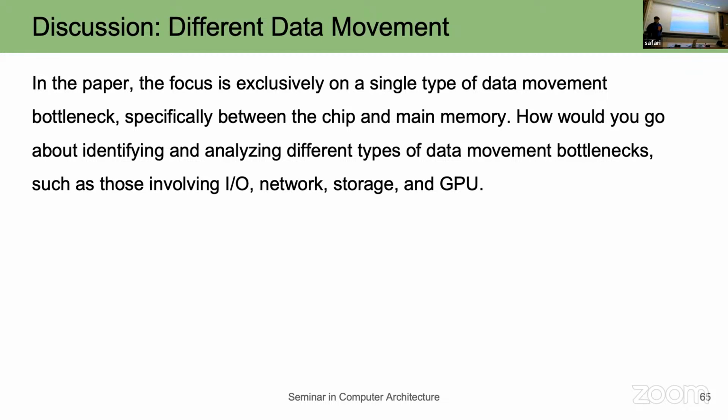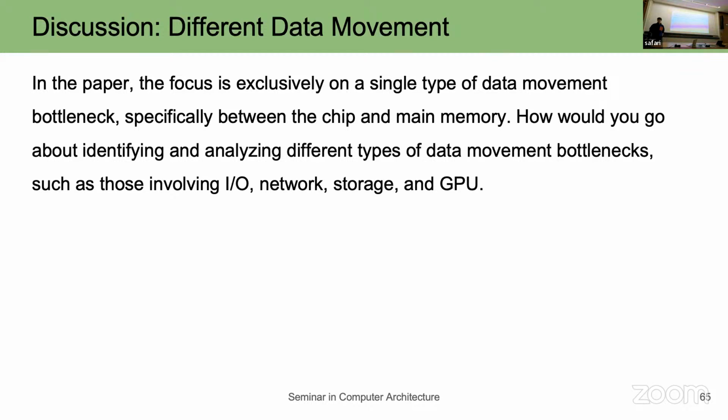So I think in general, one could follow the same steps. So one would need to find a tool which returns regions of interest, so where data movement bottlenecks are occurring.